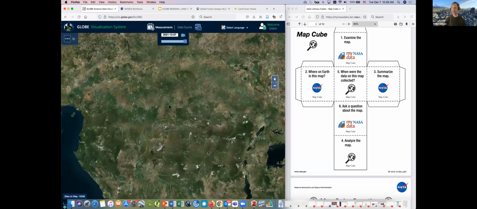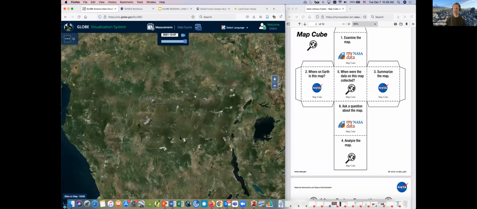So as we come down, one of the things that we should start looking at and thinking about is where on Earth are we? And so our latitude and longitude are really important numbers. One of the other important numbers is elevation, right? So keeping track of that latitude, longitude, and elevation can help us to understand maybe why we're seeing the white on this map.